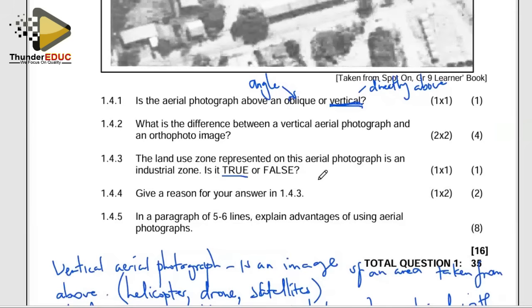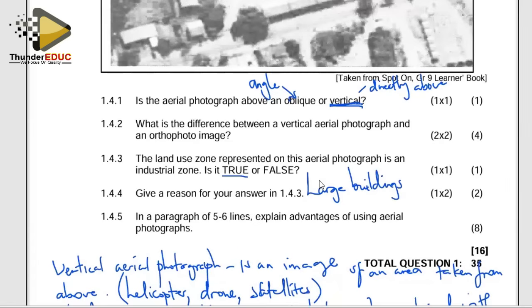Give a reason why it is true. Number one reason we have given it already. We are saying the size of those buildings. They are large buildings, which meant that there is possibility that there is an industrial activity taking place.